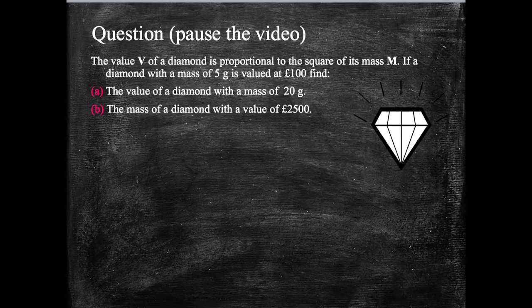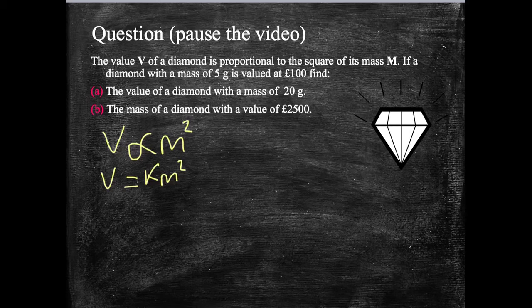Okay, in this one then, we need to start off by writing V is proportional to the square of its mass, m squared. V equals km squared. Let's put some numbers in.